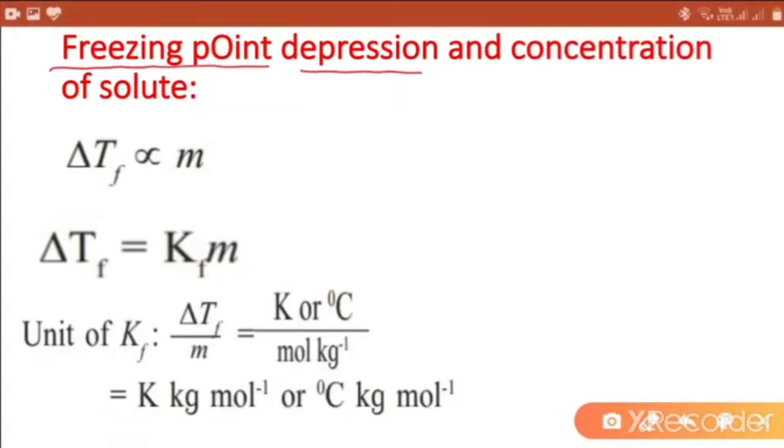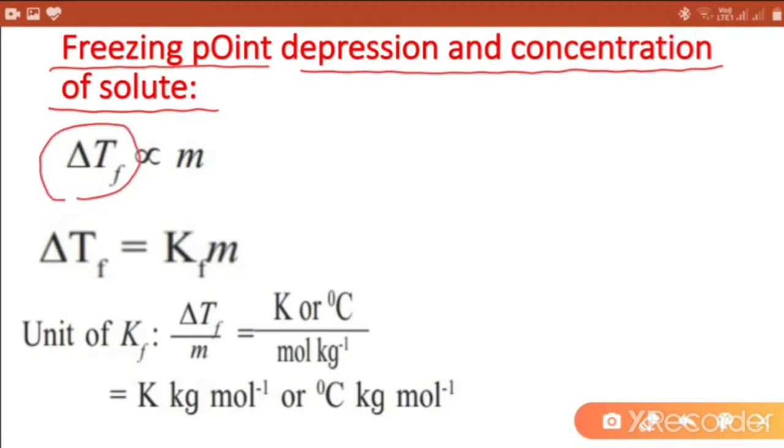Freezing point depression and concentration of solute. As experimentally verified, for dilute solutions, the freezing point depression delta TF is directly proportional to molality of a solution.